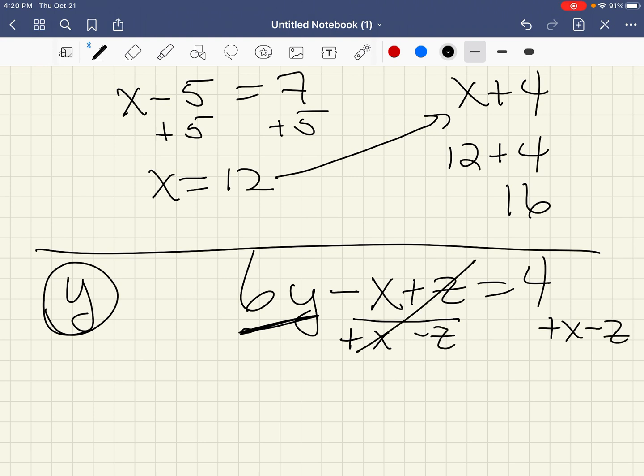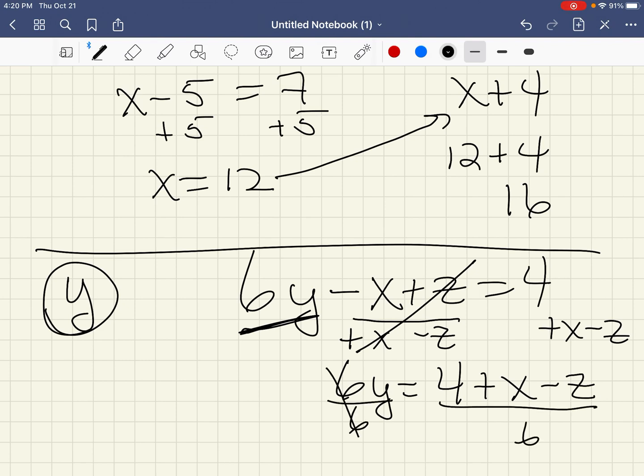So this cancels out, and that's 6y is equal to 4 plus x minus z. And then finally, we don't want 6y, we just want plain old y. So we divide both sides by 6. So y is equal to 4 plus x minus z over 6. And it's fine to just leave it like that. You don't need to separate that out into fractions.